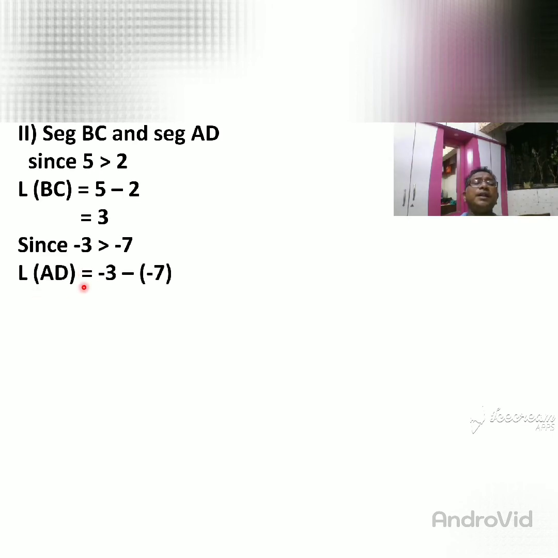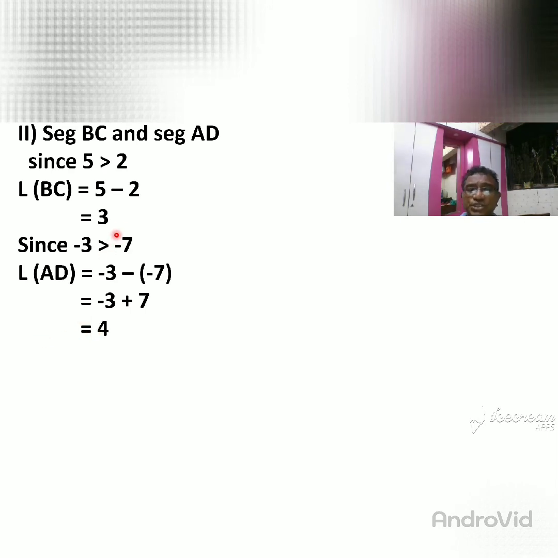So length of AD is equal to minus 3 minus in bracket minus 7. This minus 3 carries as it is. Out of the bracket the negative sign makes minus 7 become plus 7. So it is minus 3, it is plus 7. Are the signs the same? No, the signs are not the same. So 7 minus 3. What remains? 4. So length of AD is equal to 4.